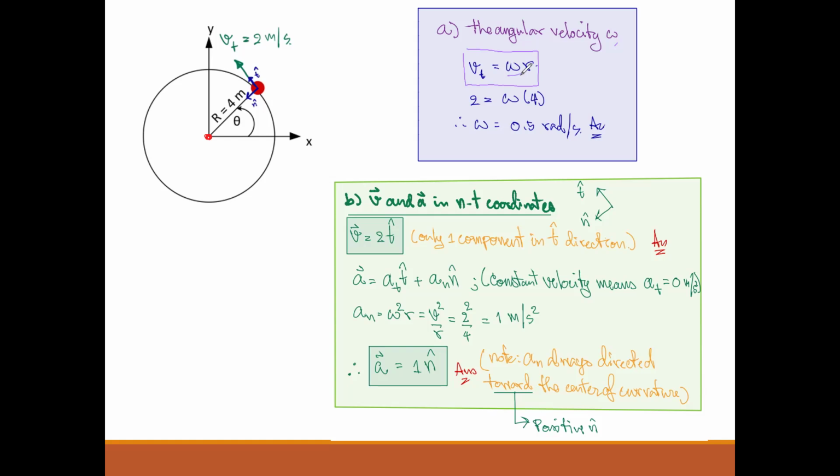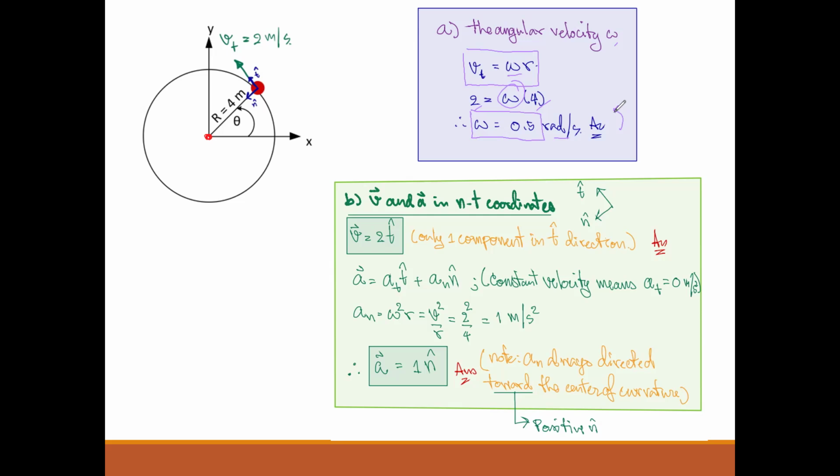From this, we can determine the angular velocity omega very easily. The velocity is equal to 2 meters per second, and the radius is equal to 4 meters. So omega becomes 0.5 radian per second, and its direction is counterclockwise for this case.